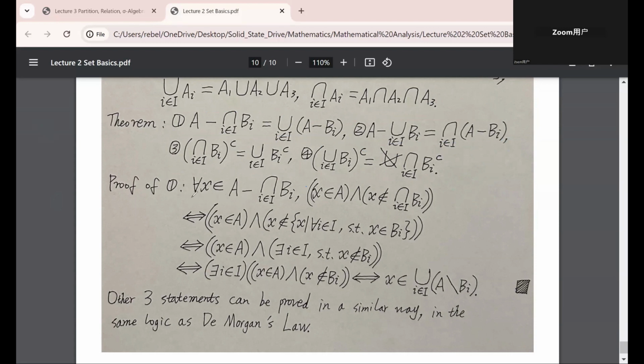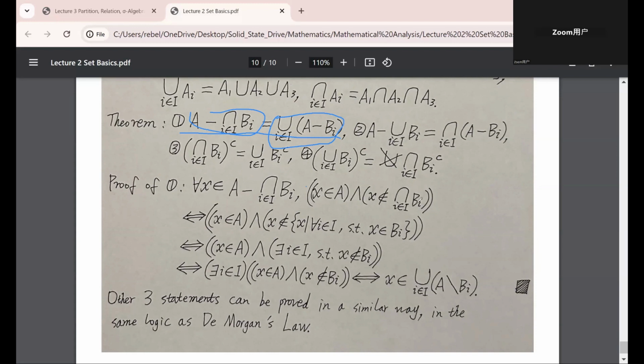Okay, so to prove the equality between these two sets, we want to show that for all x in this one, we can find the if and only if relationship for all x in this set. So x belongs to A minus, or the difference between A and, the intersection over B_i. Then x belongs to A and x does not belong to them.